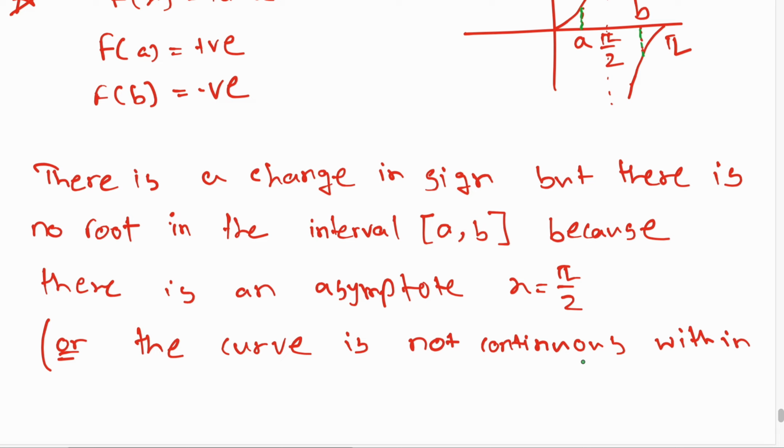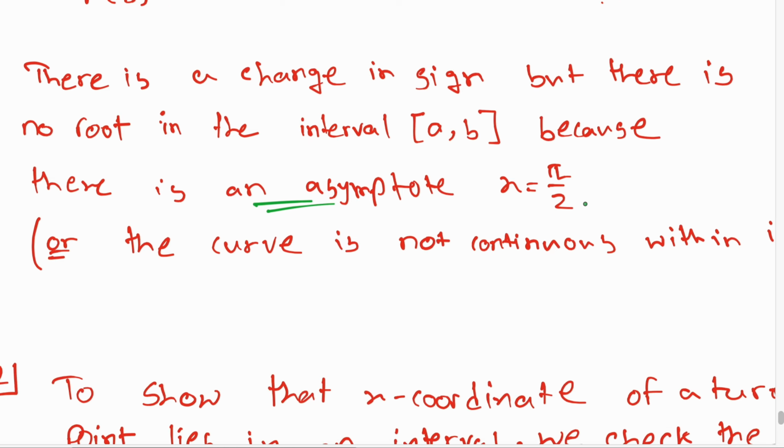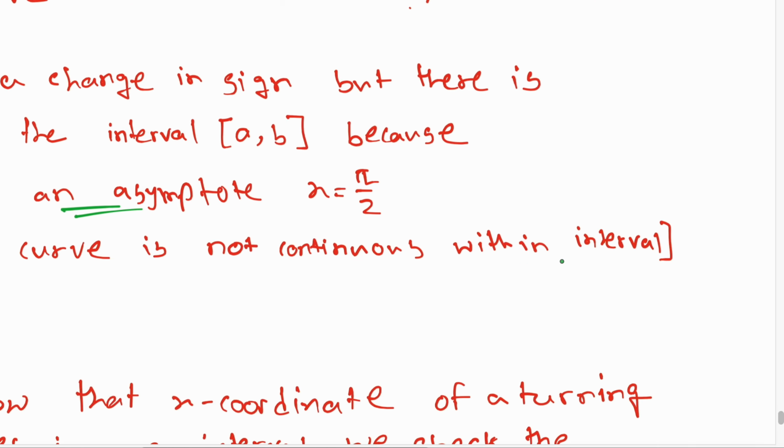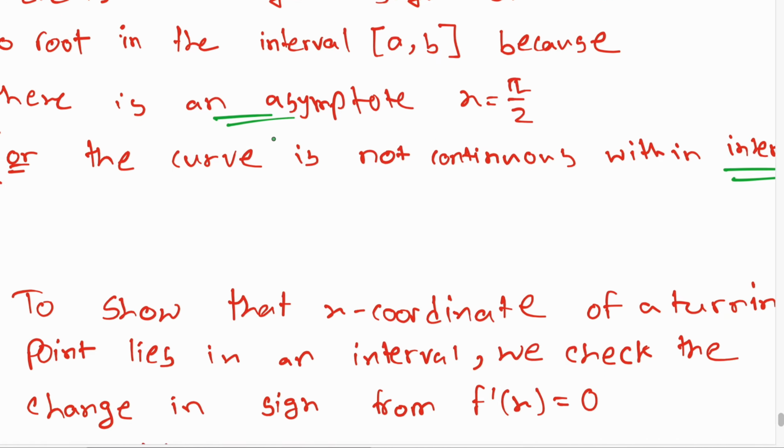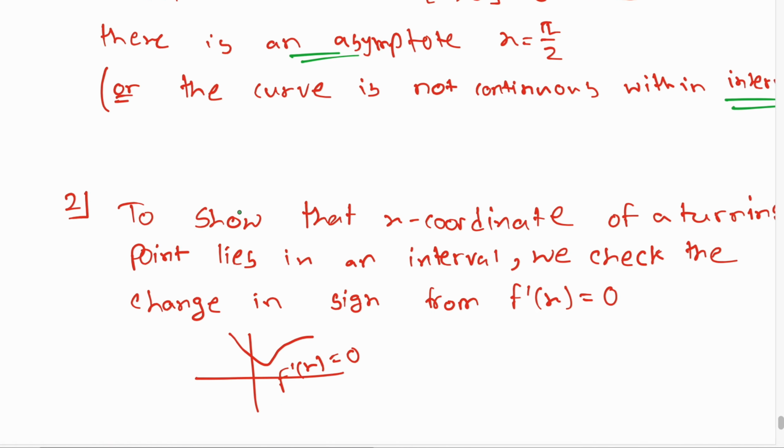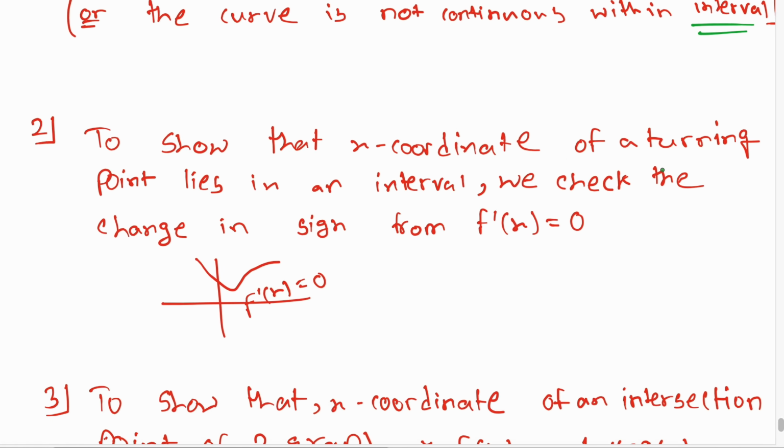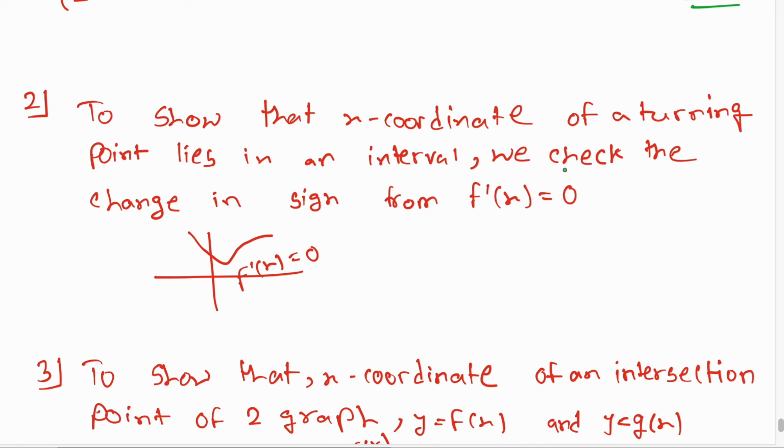Because the curve is not continuous within the interval, because there is an asymptote at x equal to pi by 2. Okay, then next point, to show that the x coordinate of a turning point lies in an interval, we check the change in sign from f inverse x equals 0.